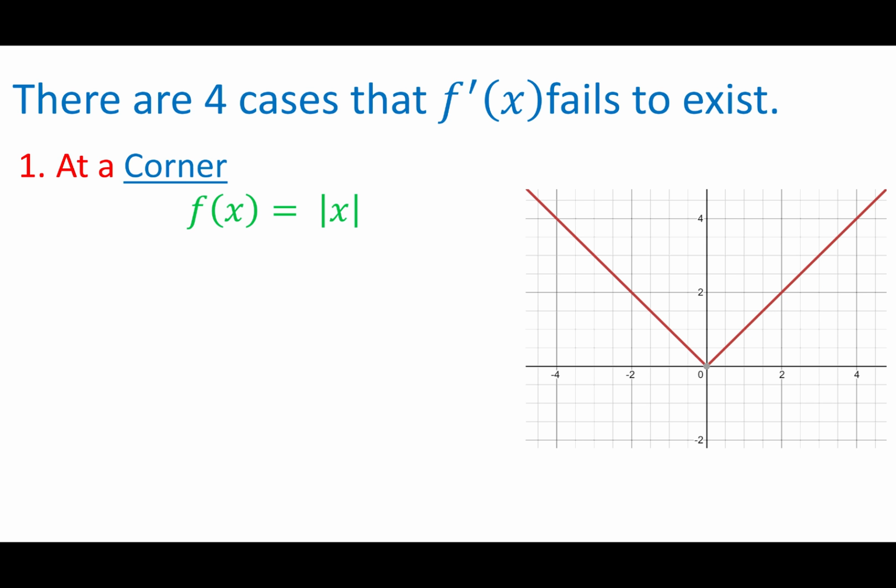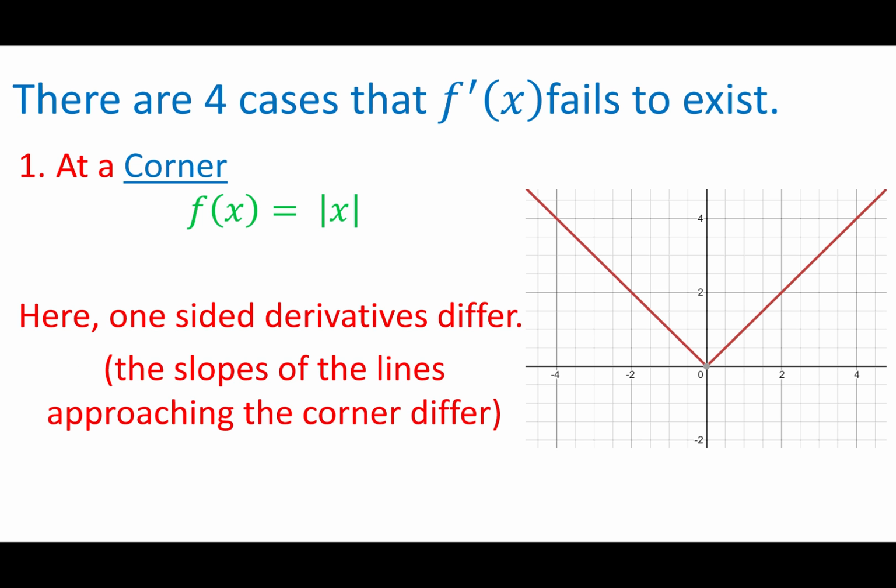So a corner would appear in a function like absolute value of x, where it makes that V shape. If I want to find the derivative right here at x equaling 0, it would fail to exist because my one-sided derivatives differ.